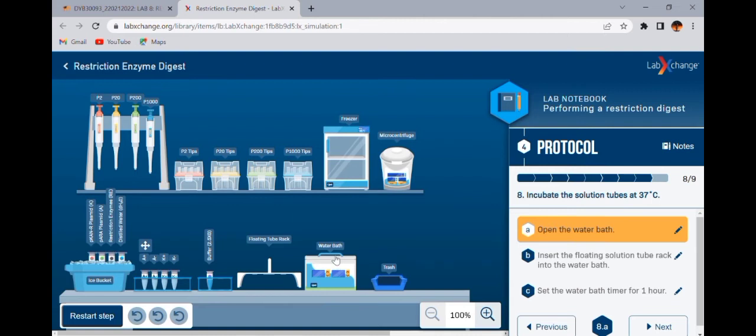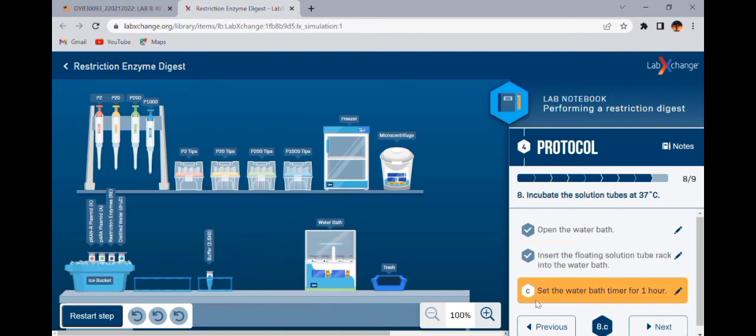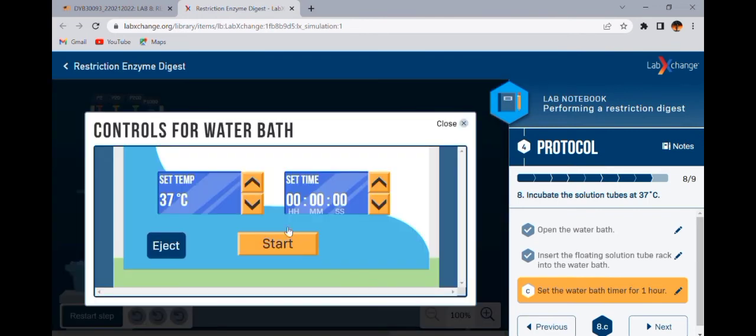After that, open the water bath and insert the floating tube rack into the water bath. And set the water bath timer for 1 hour.